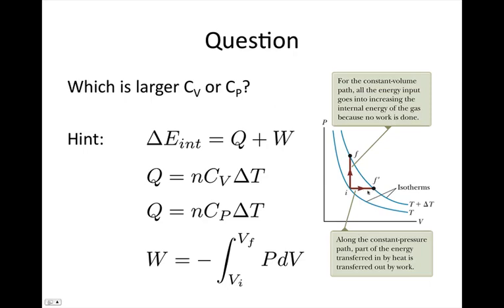But in this case, the gas is actually expanding, and so the gas is doing the work, and so that is a negative work term. So for the C_P case, Q actually needs to be larger because there has to be enough to overcome this negative work term and then get it up to the same change in internal energy. So Q is larger for the constant pressure case.